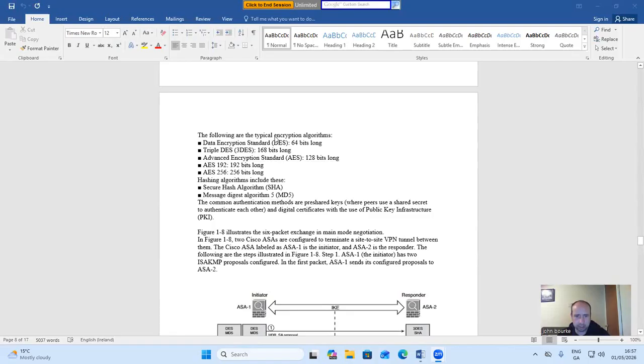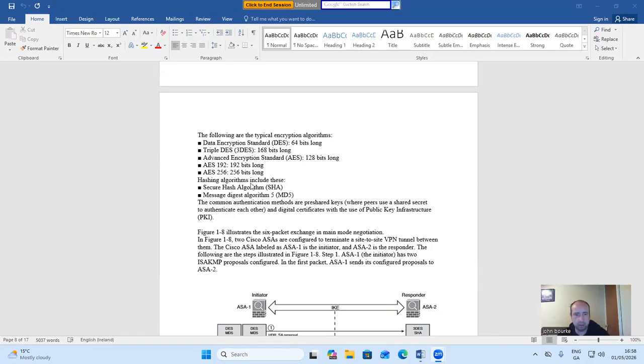The following are typical encryption algorithms: Data Encryption Standard (DES), 64 bits long; Triple DES (3DES), 168 bits long; Advanced Encryption Standard (AES), 128 bits long; AES 192, 192 bits long; AES 256, 256 bits long.